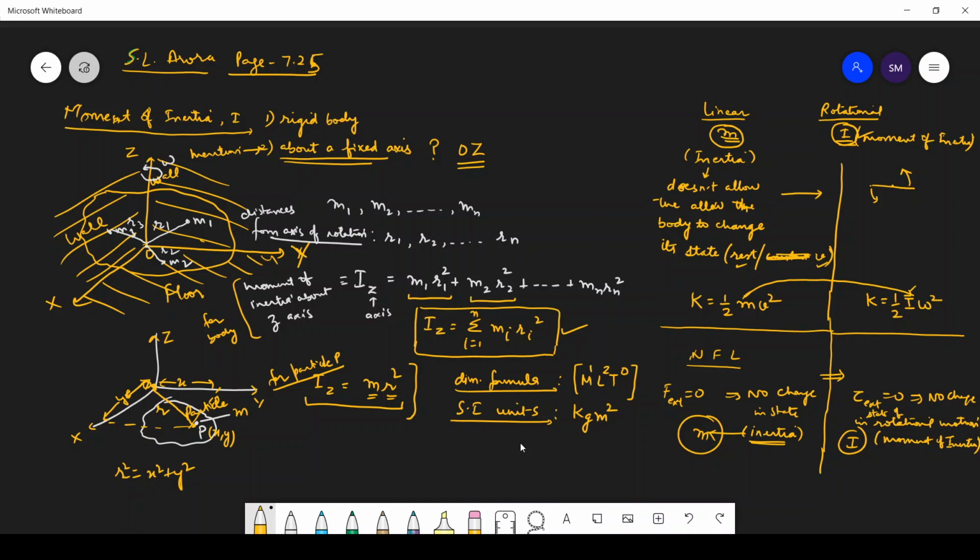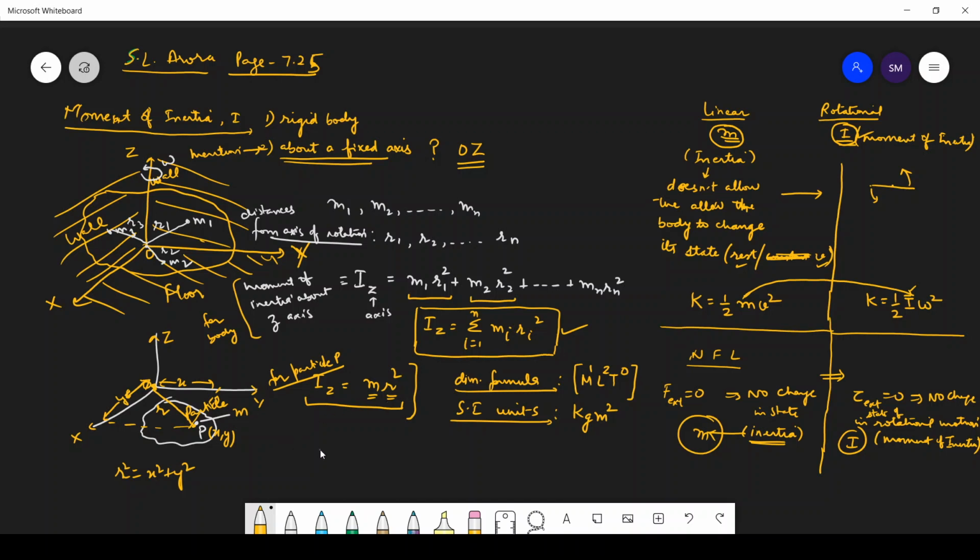Now what is the physical significance of moment of inertia? The mass of a body resists a change in the state of linear motion. It is a measure of inertia in linear motion. Similarly, the moment of inertia of a body about an axis of rotation resists a change in its rotational motion.